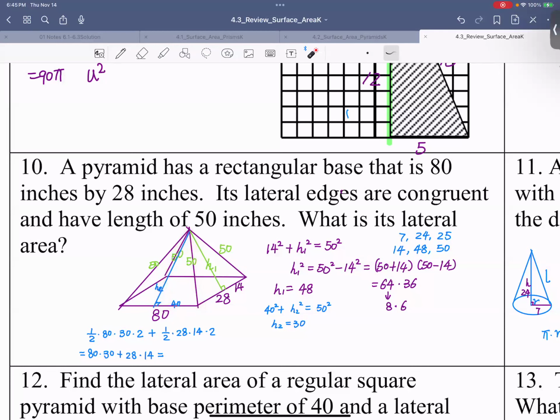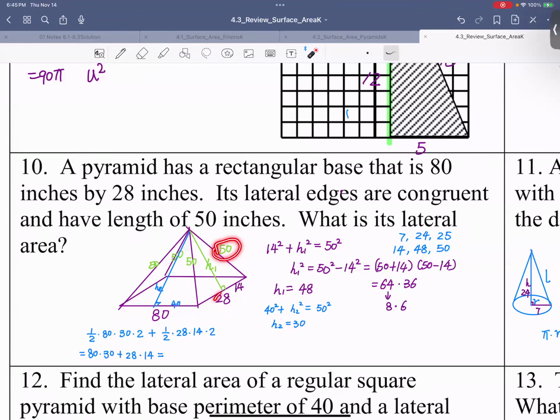Yes, very good. 3, 4, 5. 50, 40, 30. That's right. Very good. That's the reason I ask you guys to remember those things. Make sense? Now check here. Go, Bella. This is 50. This is 28. So half of it will be 14.